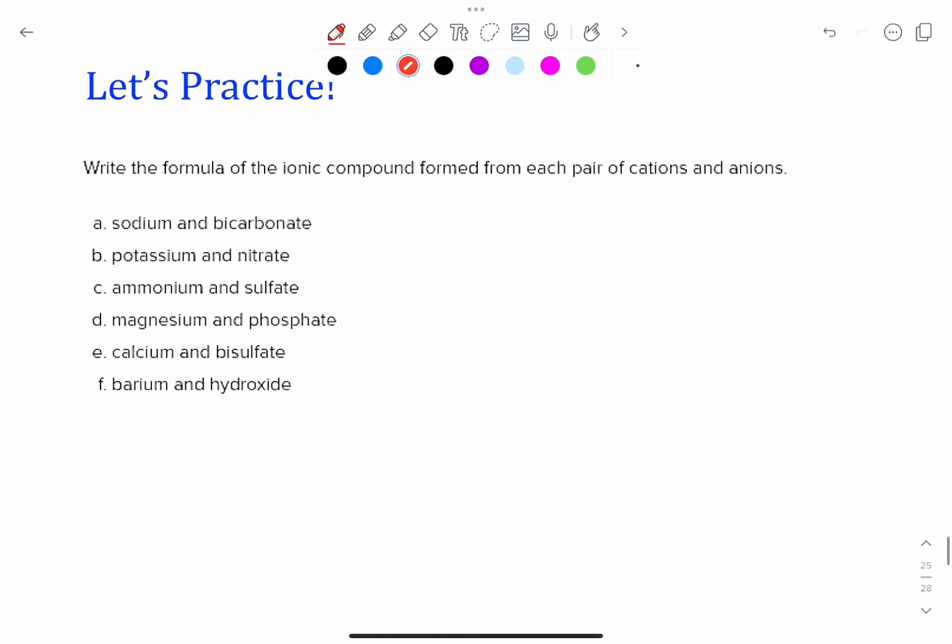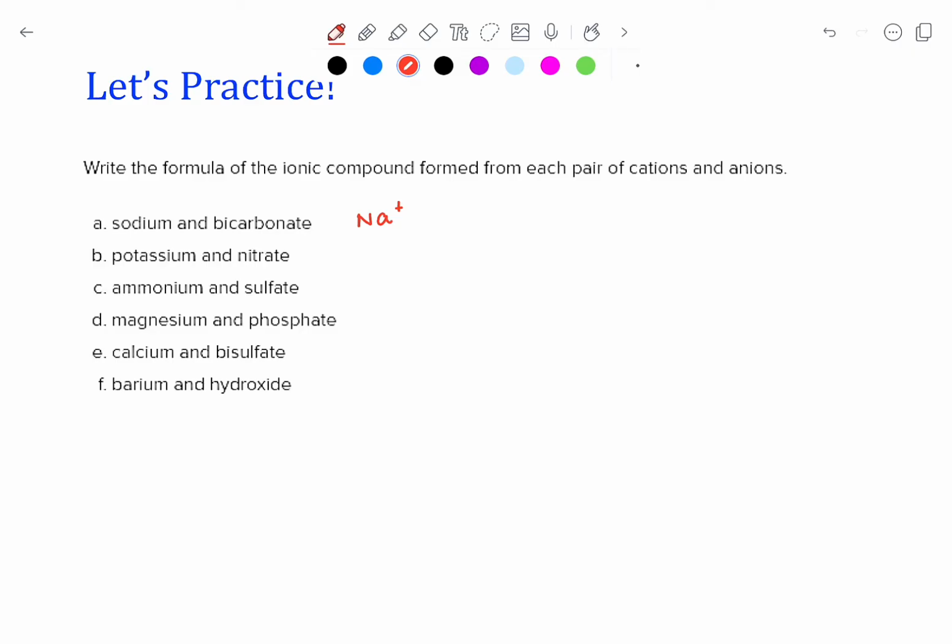So let's do some more practicing. We want to take these names and write the formula of the ionic compound that is formed. Here we have sodium and bicarbonate. We know sodium is in group 1, so it's going to have a +1 charge as an ion.